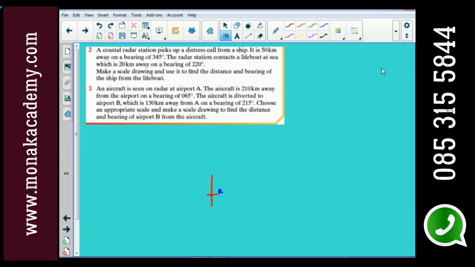Let me remove this for now. Okay, there's our compass. Our compass will have north like that. So we want 345 degrees.